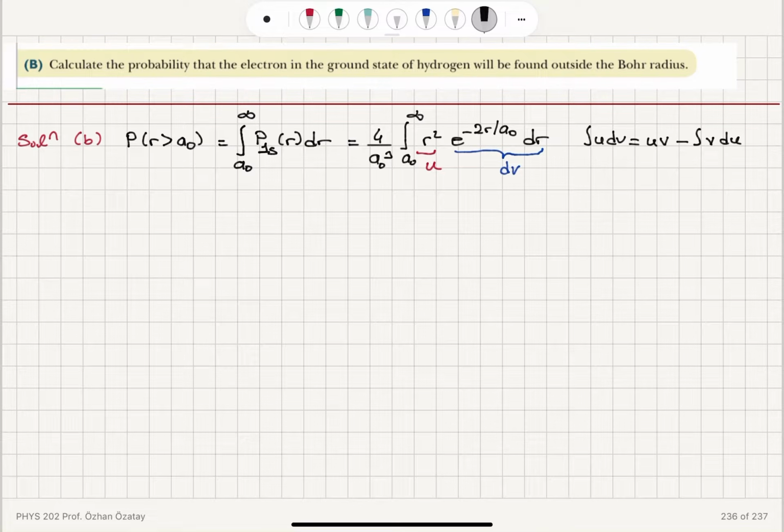What is this? This is integration by parts. Okay, so I remind you of this trick in calculating the integrals, integration by parts. And if we apply this here, we have 4 over a0 cube.